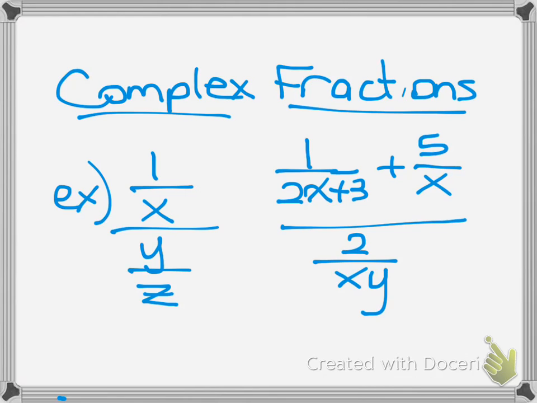So complex fractions can be fairly simple or they can be complex, but what makes them complex fractions is the fact that there is a fraction, one or more fractions, within the original fraction.